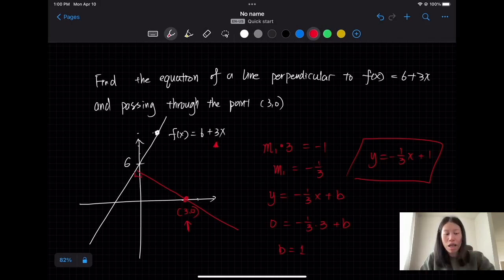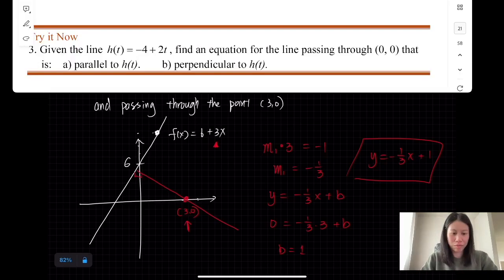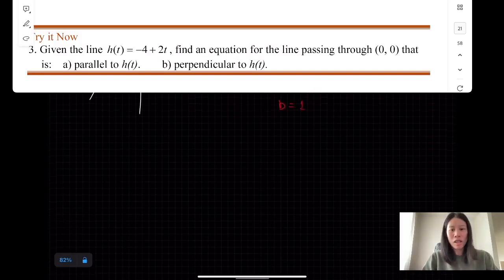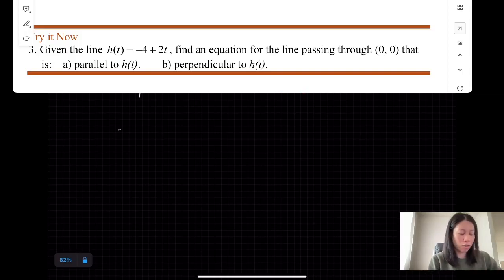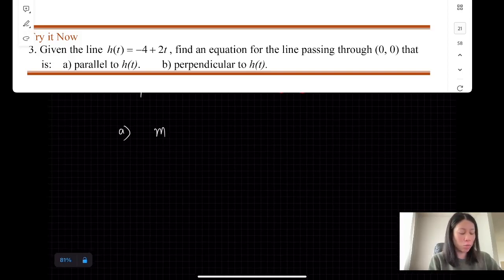Okay, so now let me give you an example. Try this one, pause the video and try it. They're giving you a line, h of t equals -4 plus 2t, and ask you to find the equation for the line passing through the point (0, 0) that is parallel to h of t. To solve it, you need to find the slope. Since the line is parallel to h of t, the slope is the same as the slope of h of t, which is 2.